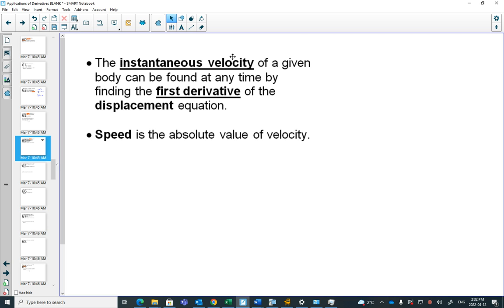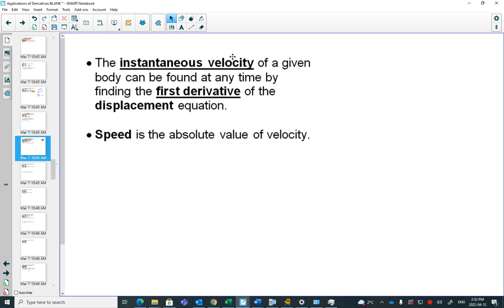So what's the difference between velocity and speed? Velocity is a vector. It has a direction. Speed is just how fast you're going. So when we talk about acceleration, we talk about negative 9.8 because it's coming down.